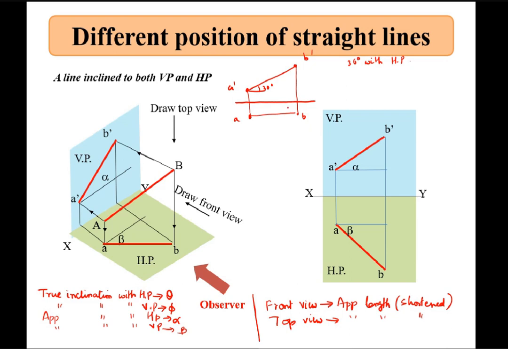AB becomes shorter. It becomes a point. So suppose I make it 60 degree, then it comes like this. Say it is something like this. This AB will become shorter and shorter and shorter. And this inclination will keep on increasing like this, like this, like this. Correct?